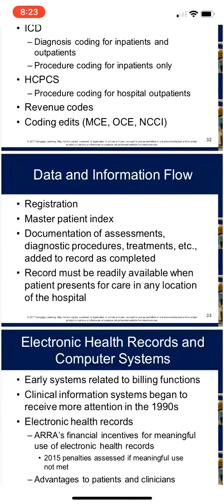As various assessments, diagnostic procedures, and treatments are completed, the results are incorporated into the patient's record, along with the diagnostic impressions or conclusions and plans for future care. The patient's record must be readily available when a patient is seen in any hospital setting.